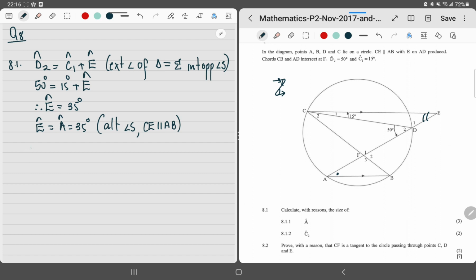And then they want us to calculate C2. So the whole of angle A is equal to C2, which is equal to 35 degrees. And this is because of angles on the same segment.